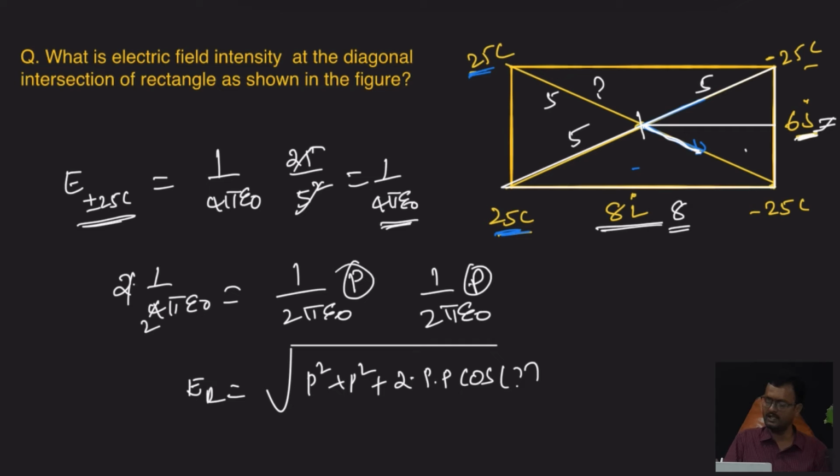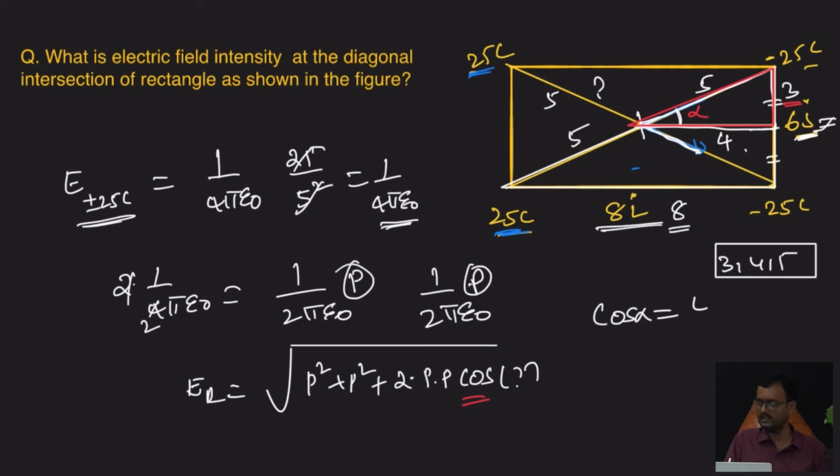So it exactly bisects. So it becomes 3. So what is this angle? Alpha, a right angle triangle where P is the hypotenuse. So it becomes 4. So what is the cos alpha here? Adjacent side by hypotenuse, that is 4 by 5.